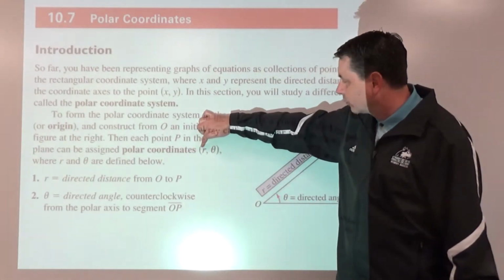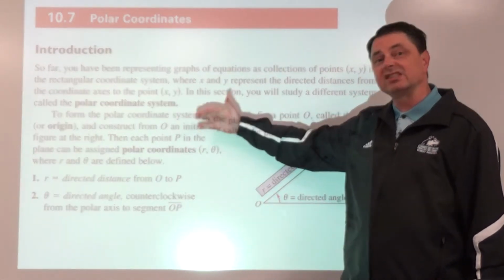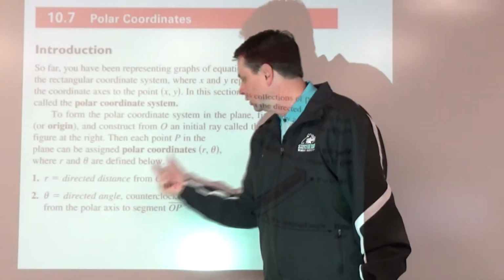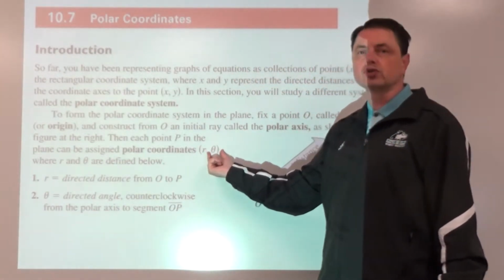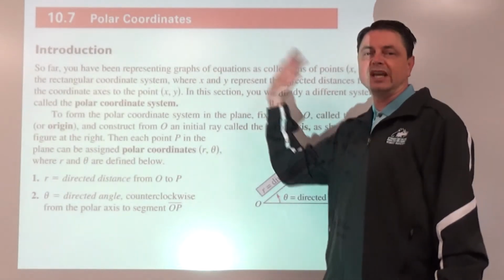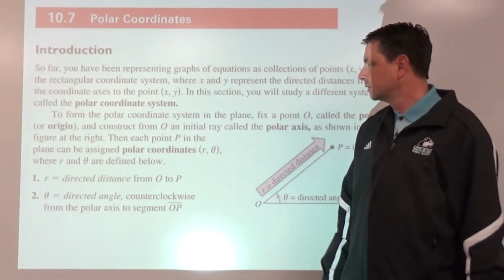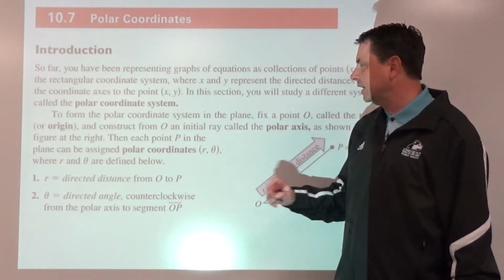So r is a directed distance, could be positive, could be negative. Theta is a directed angle, which is kind of a standard trig angle. Sometimes they rotate positive, sometimes they rotate negative. So we've got r comma theta.